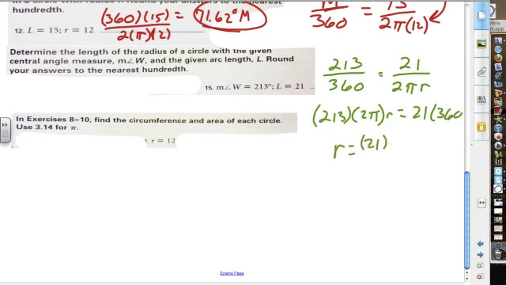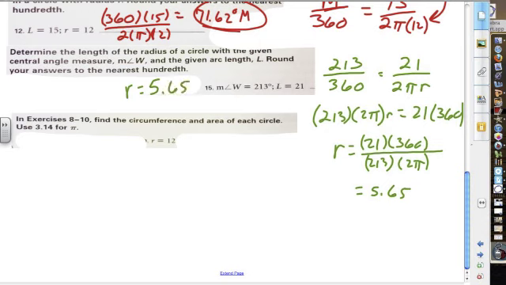So that means R is 21 times 360 divided by 213 times 2 pi. Now when I plug this into the calculator, I'll go 21 times 360 divided by parenthesis 213 times 2 pi, close my parenthesis. And I find my radius to the nearest hundredths is 5.65. And then whatever the unit is.